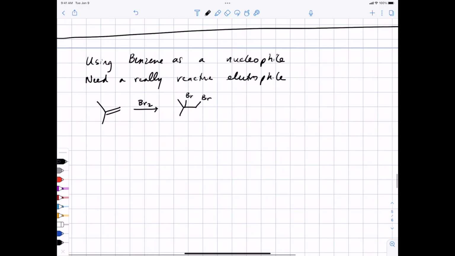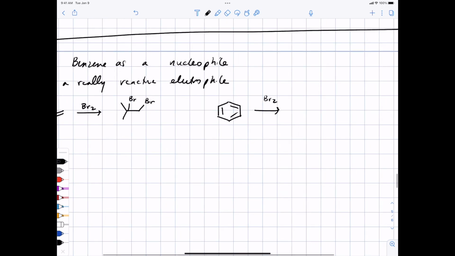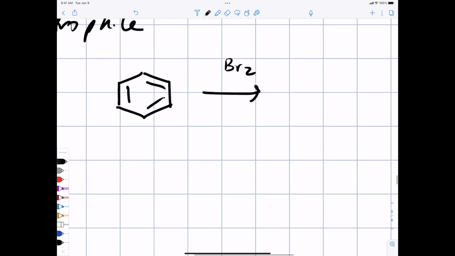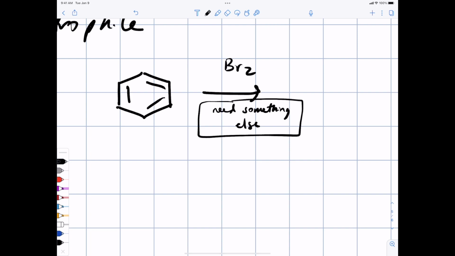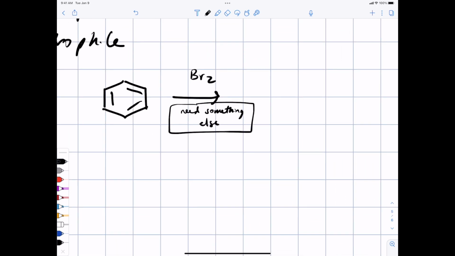You can do a reaction with benzene and Br2, but you need something else to make the reaction work. So we're going to put a box there to indicate that we need something else.